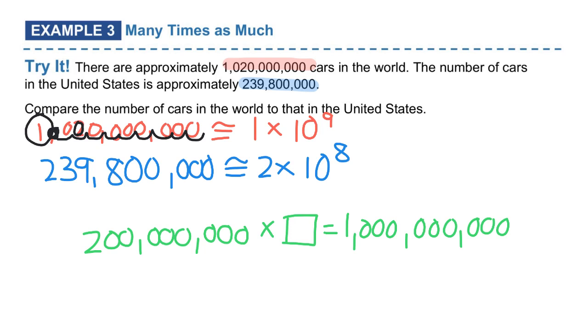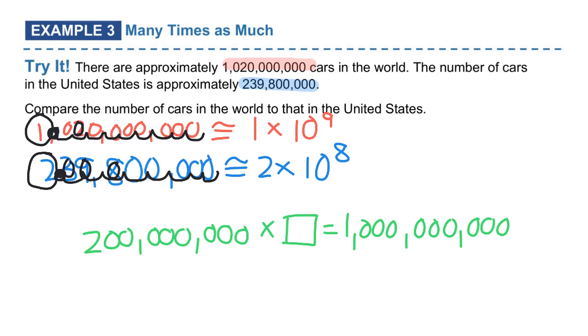I did the same thing with the United States cars. I rounded to my highest place value. Everything else became zeros. I counted from the end. 1, 2, 3, 4, 5, 6, 7, 8. Plopped my decimal right behind the 2. 8 was my exponent.